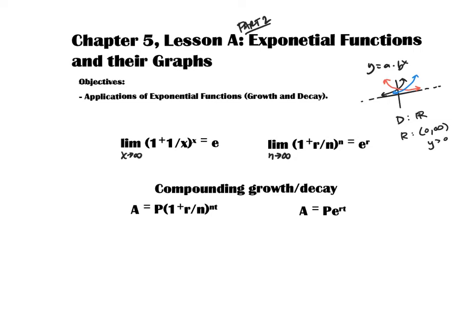If there was a vertical reflection, potentially then the range would be something to the effect of negative infinity up to 0. It all depends on the vertical transformations that are going on, so pay attention to that. If you were to see a plus c over here, that would have to do with our y-intercept, which of course would change this value regarding the range.